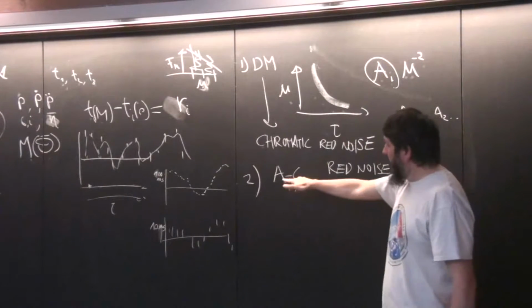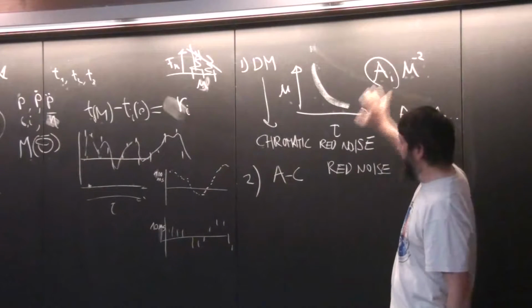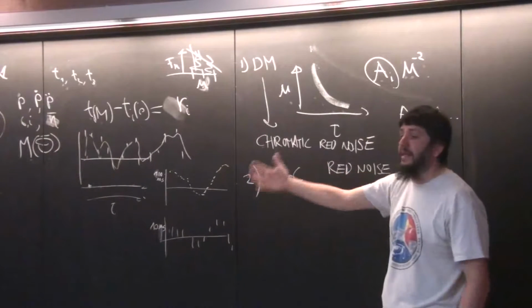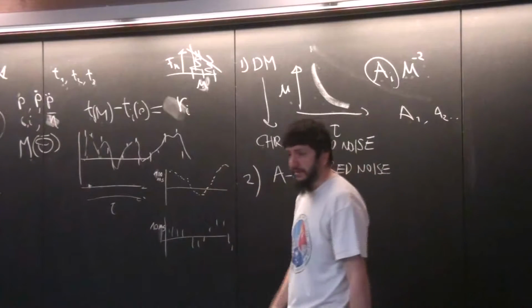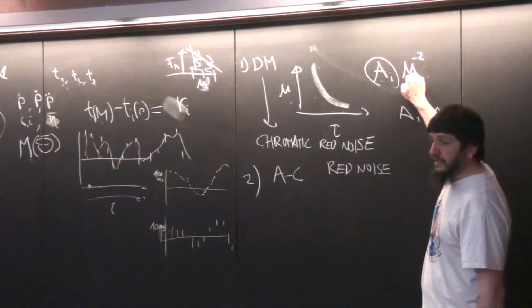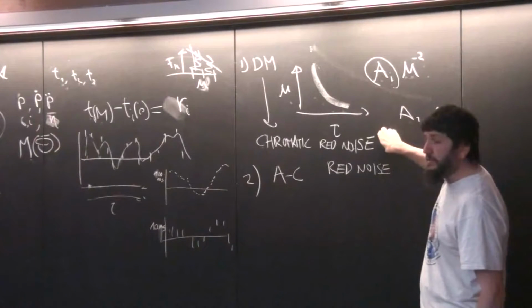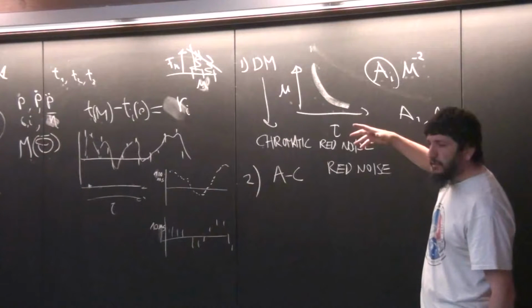So whatever is left once you do this subtraction is some other red noise that depends on whatever the pulsar does. Okay, and the fact that it doesn't behave like this is what you use to separate. So I like to stress this point because that's exactly what you need to do here.